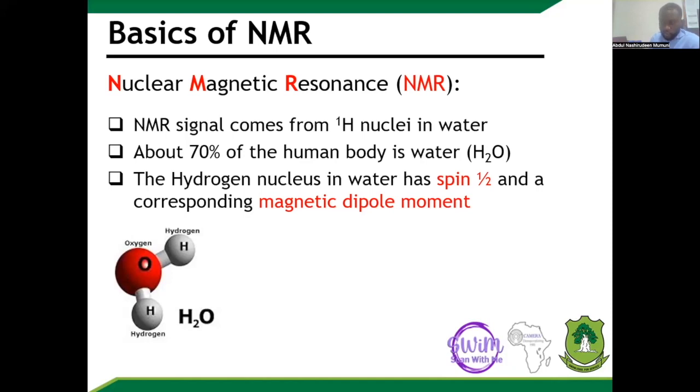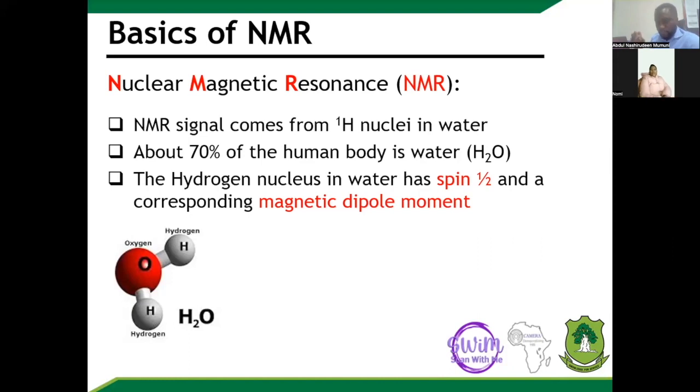So when we switch it on, the alignment of the nuclear spins will be perturbed or will be changed according to the angle of the RF pulse. When the pulse is switched back off, the spins relax, and in the process of relaxation, they emit the nuclear magnetic resonance signal, which we then collect and then manipulate to create the image we want.